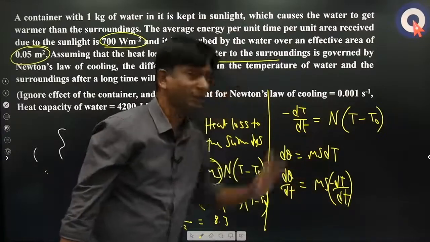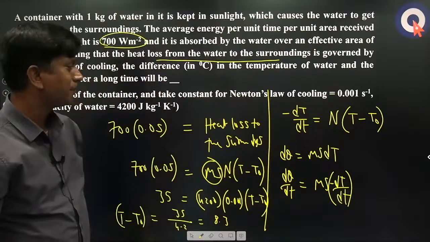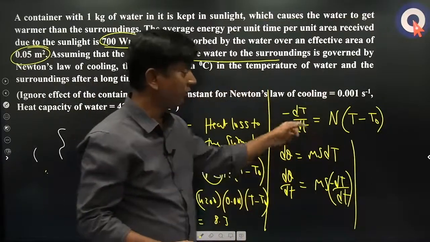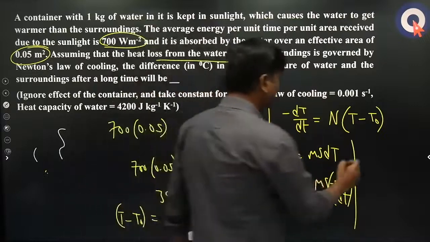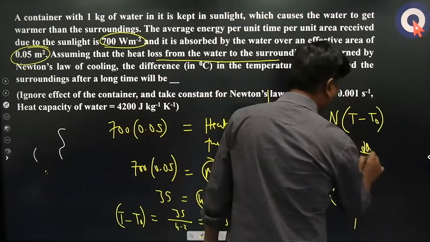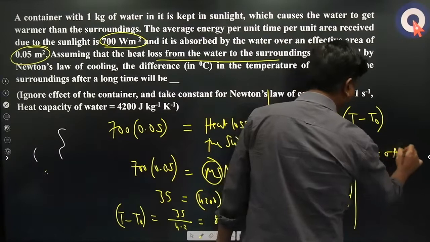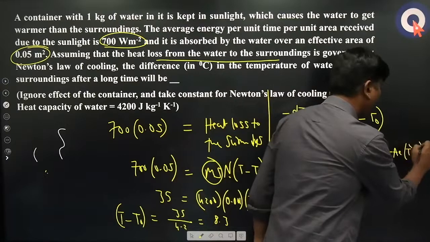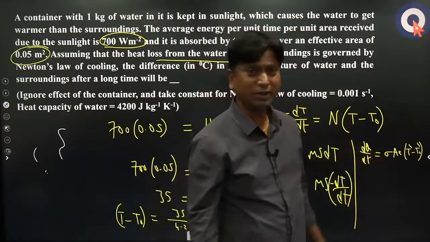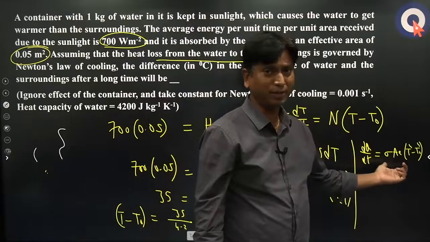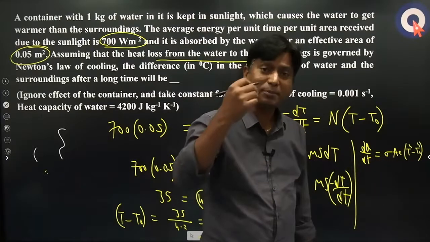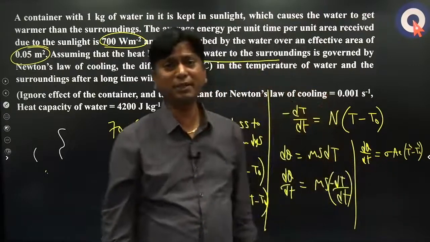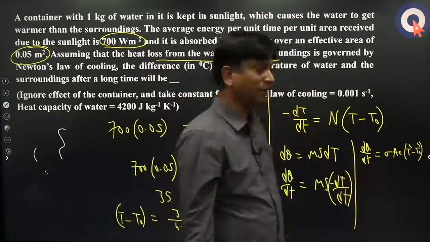And most of the time, how you get Newton's law of cooling is, actually dQ by dt is equal to sigma A e into T to the power 4 minus T naught to the power 4, because this is from the Stefan-Boltzmann law. From the Stefan-Boltzmann law, if the temperature difference is very small, you get dQ by dt directly proportional to T minus T naught. Okay, hope you know that particular derivation.